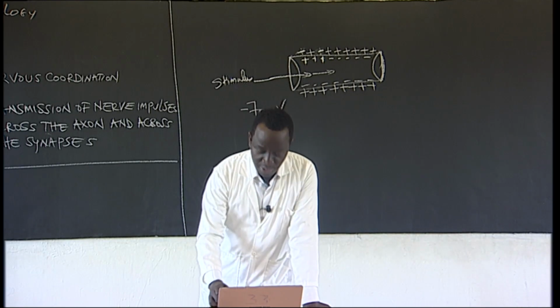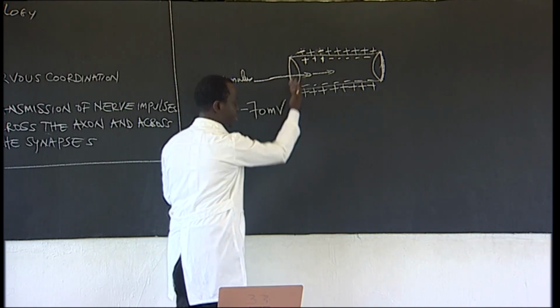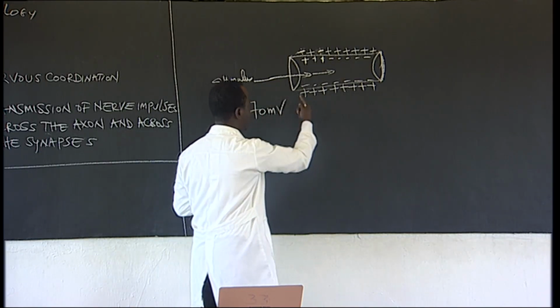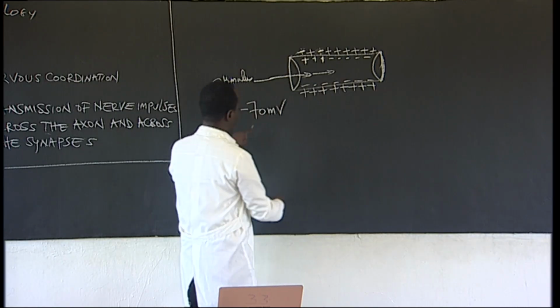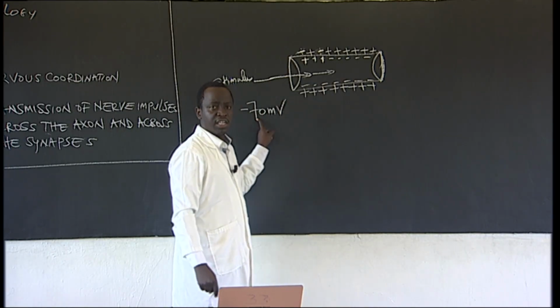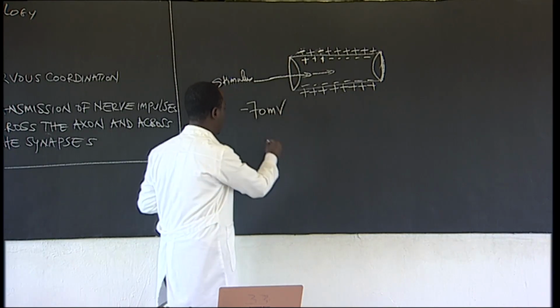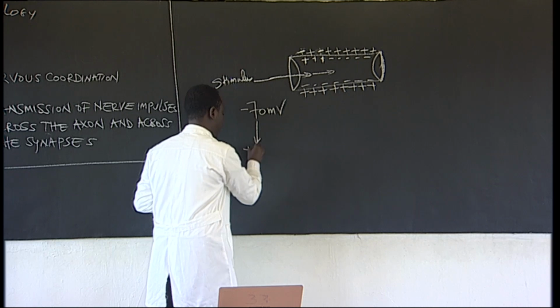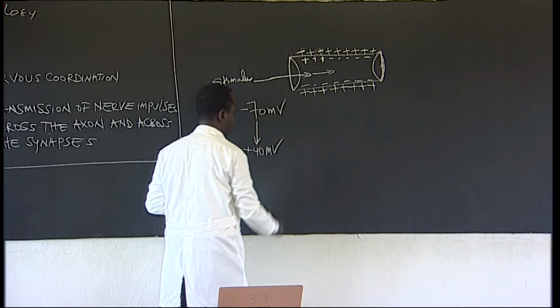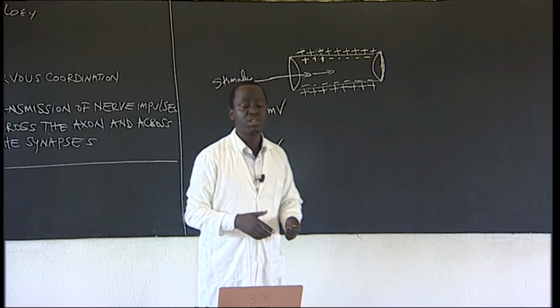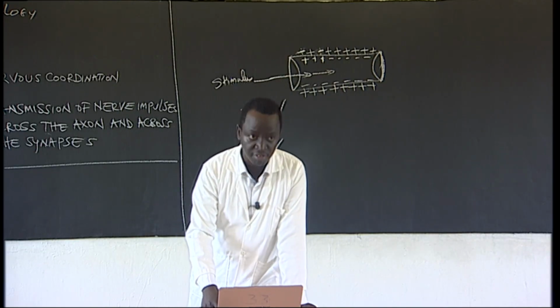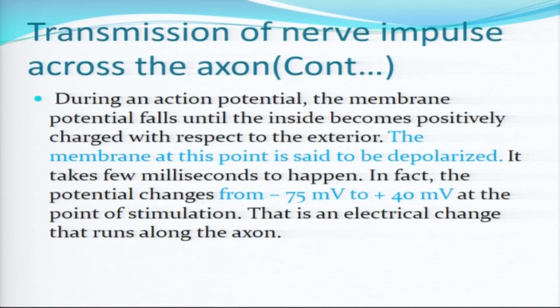Now, as there is passage of the message, the information across the axon membrane, the potential difference is no longer minus. It now becomes plus 40 millivolts, because there is a message passing across as the nerve impulse. So during the action potential, during the message, the membrane falls down until the inside becomes positive.